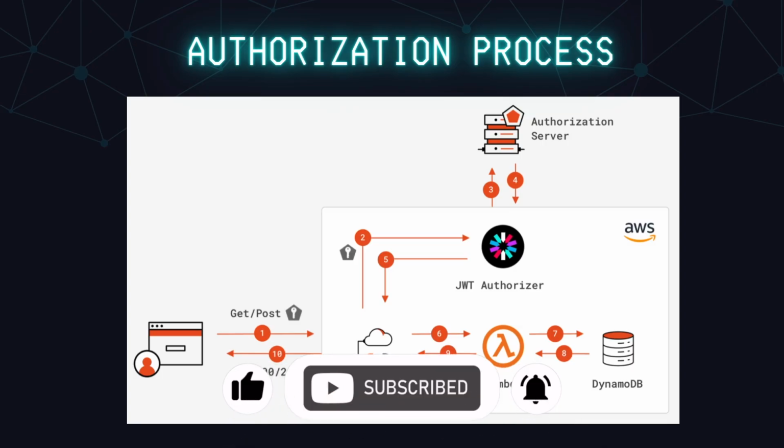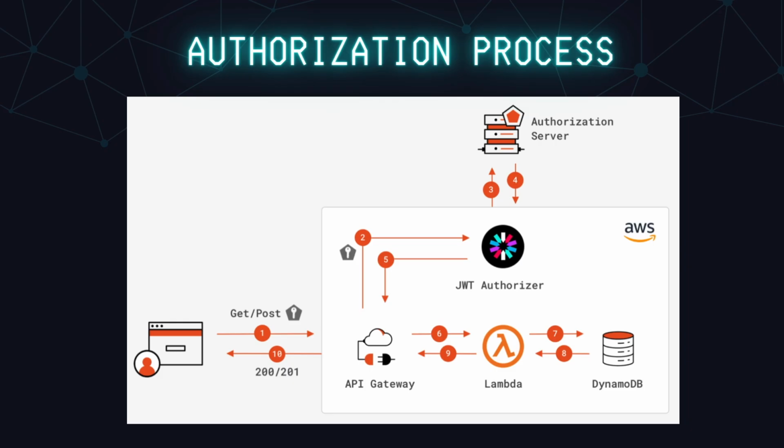For example, when an HTTP request is first made to an API, which includes a JWT formatted access token provided by the token issuer, for example Auth0, then the request is received by API Gateway here. The token is forwarded to the JWT authorizer for validation.